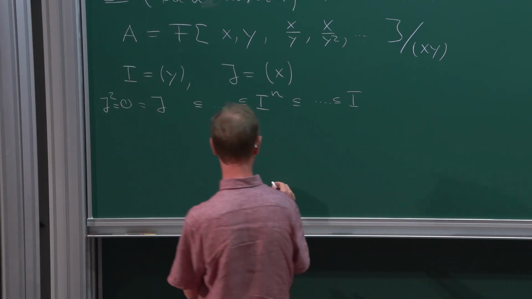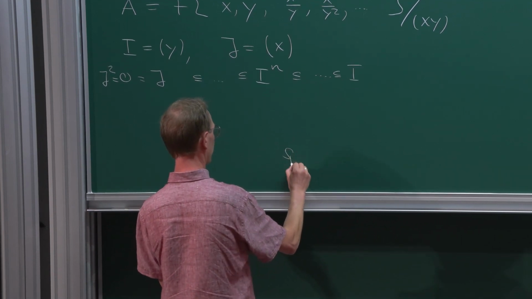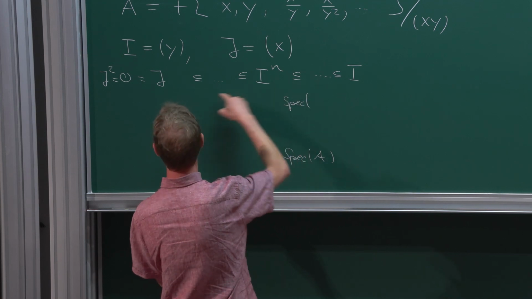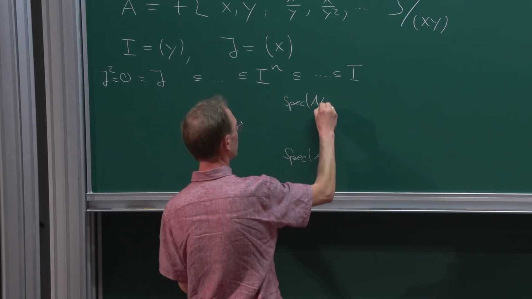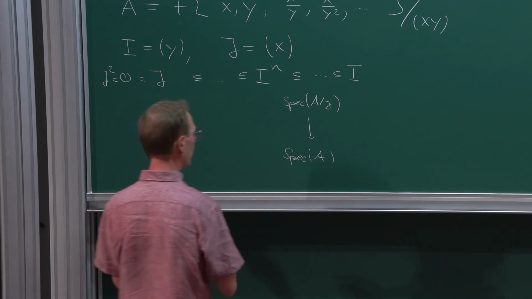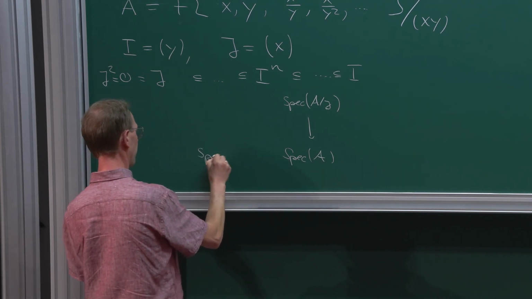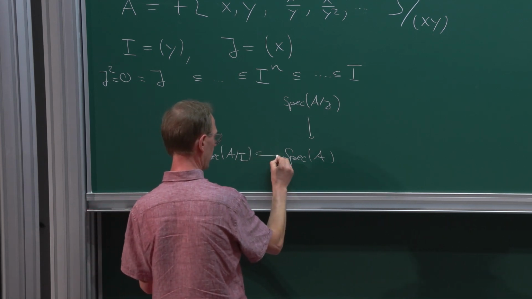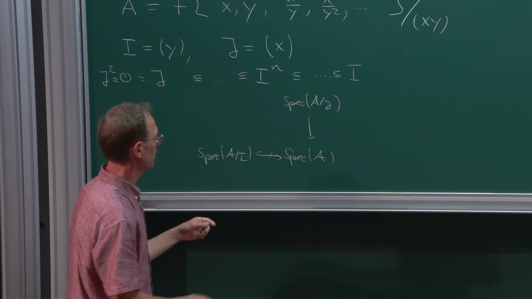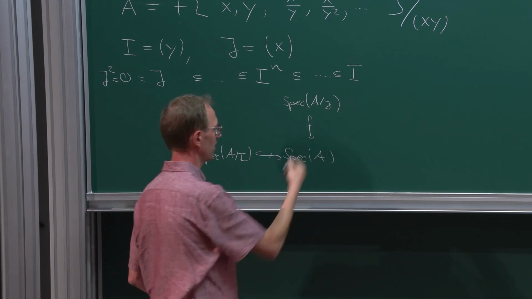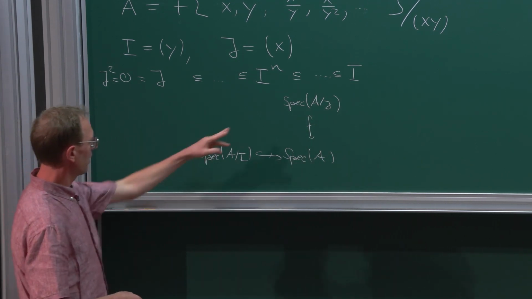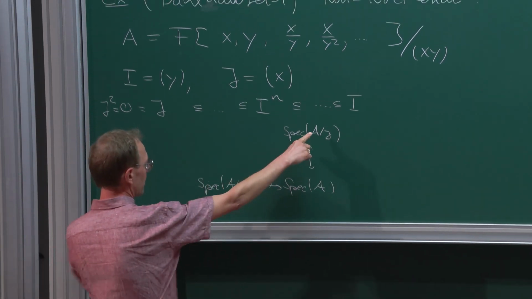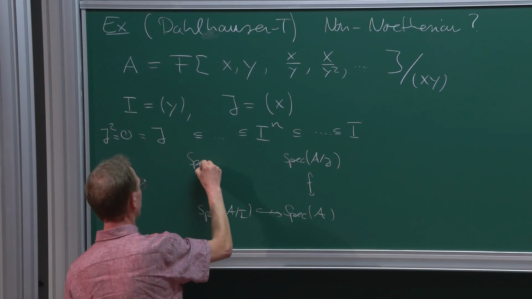We look at the spectrum of A, and then here the closed immersion defined by this nilpotent ideal J. And here we look at the spectrum of A mod I. So this is also a closed immersion in this case, so it's also proper. Both are also finitely presented in this setting because both are principal ideals. And then we take the pullback here, and what is this?